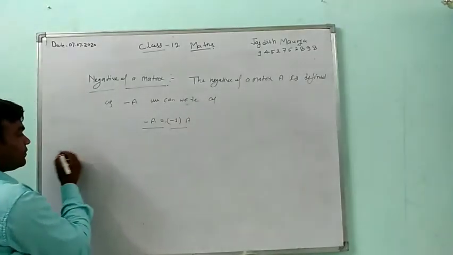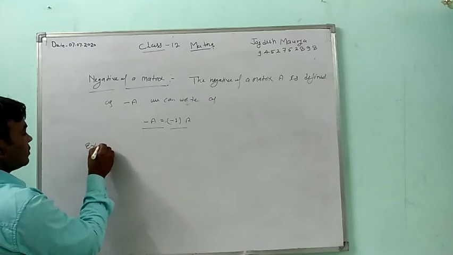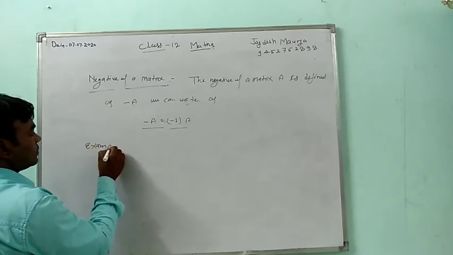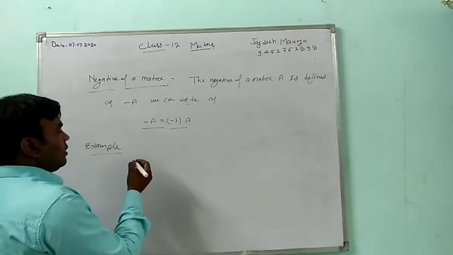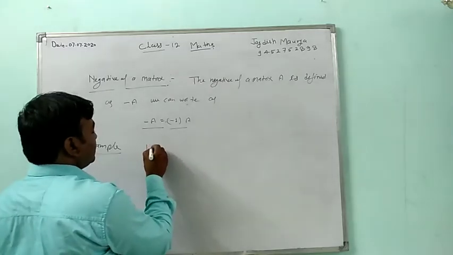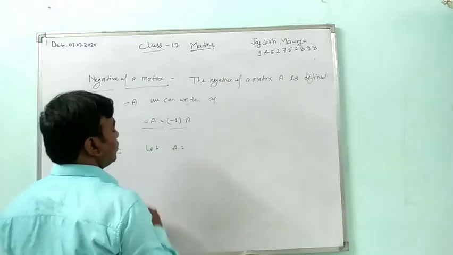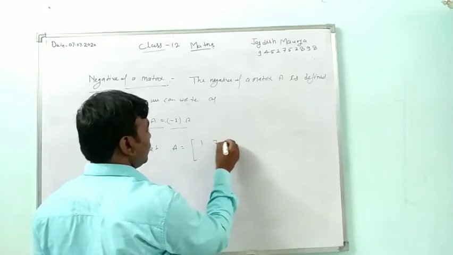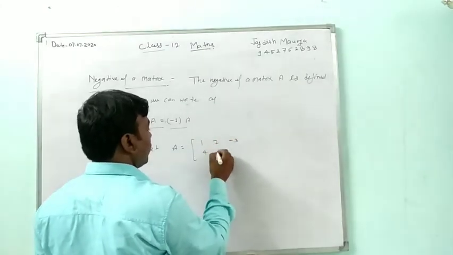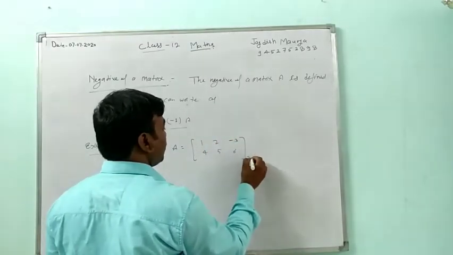For example, let A equal to 1, 2, minus 3, 4, 5, 6, of 2 by 3.